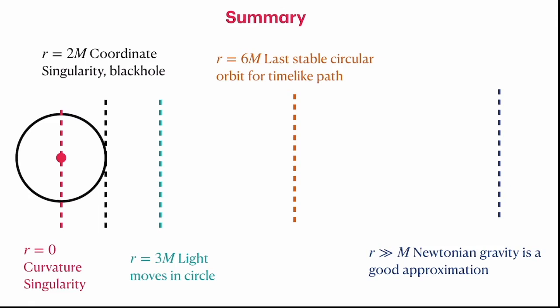Now when r is much greater than m, around 100 or 200 m, then what we have is Newtonian gravity. The general theory of relativity, or the Schwarzschild solution, simply matches with the Newtonian theory for a point mass. Let's take an example of the Sun. It has a mass of about 10 to the power 30 kg.